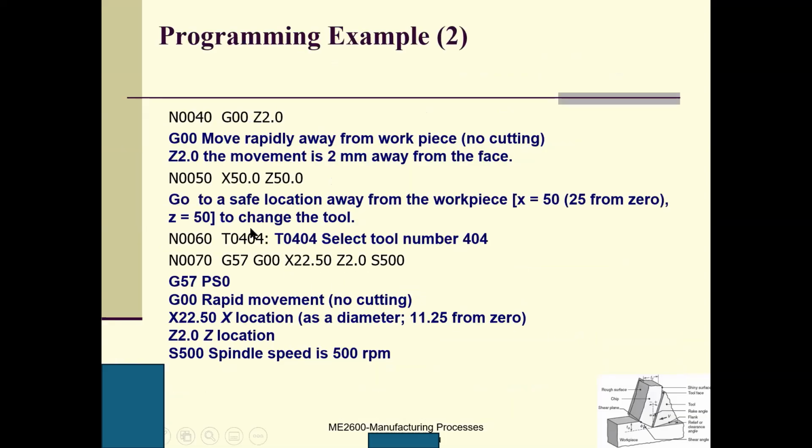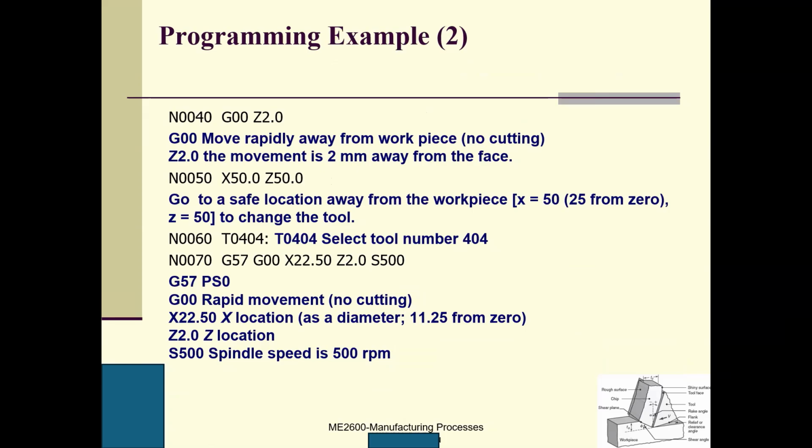So next step: G00 Z2. Remember, Z is in the horizontal direction. So move rapidly away from the workpiece, no cutting, G00. The movement is 2 millimeters away from the face. And then move to X50 and Z50.